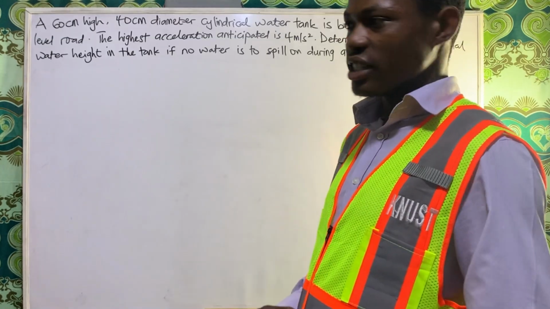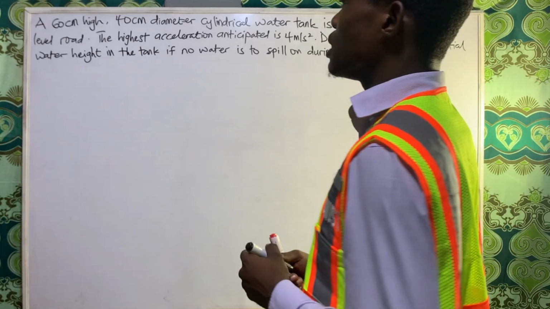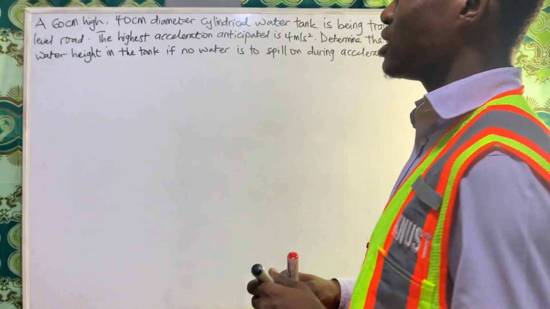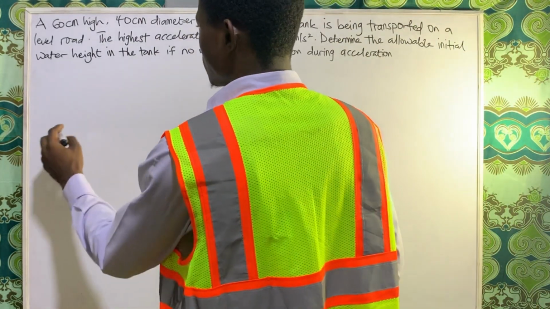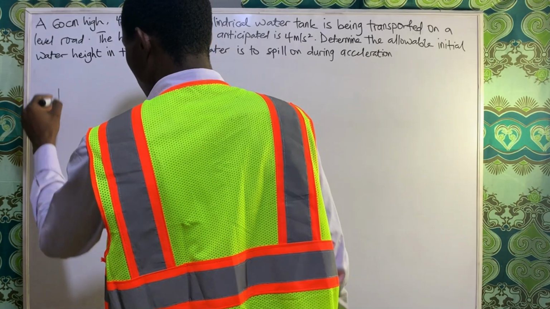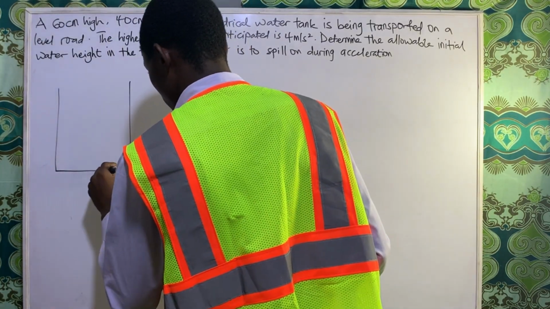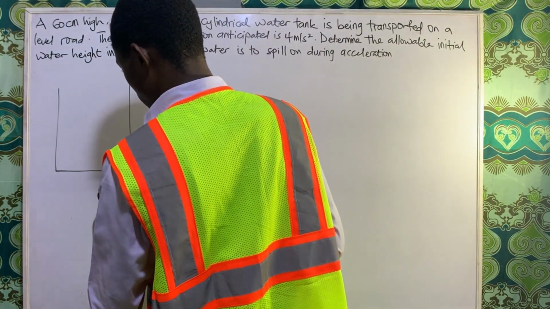In this question, there is no diagram, so we are supposed to produce our own diagram to help us solve the question more easily. This is how the diagram is going to be. This is our container, and let's say this is our road here.